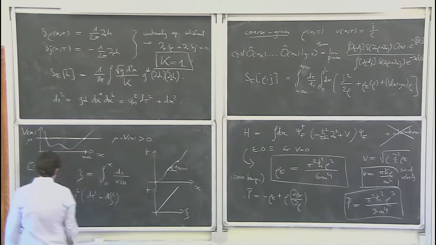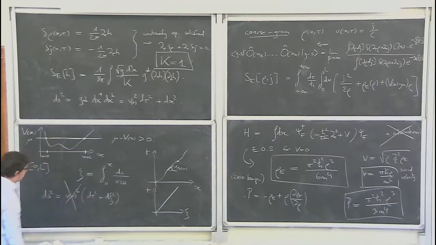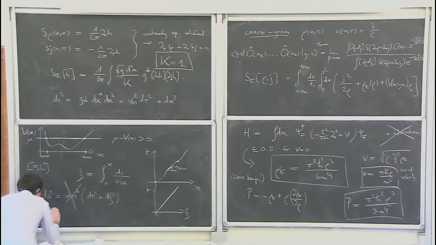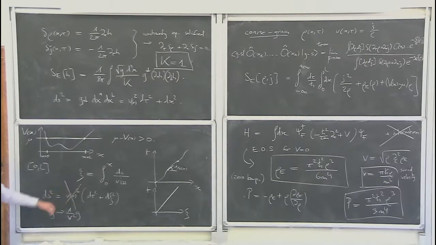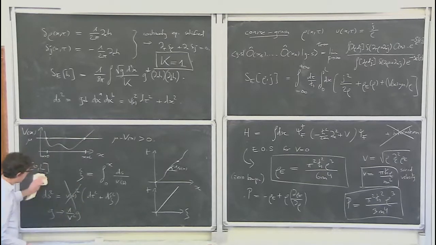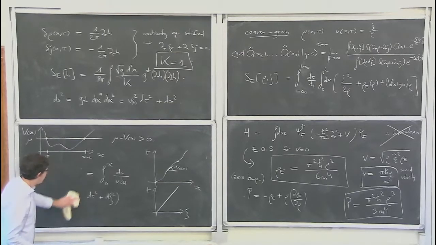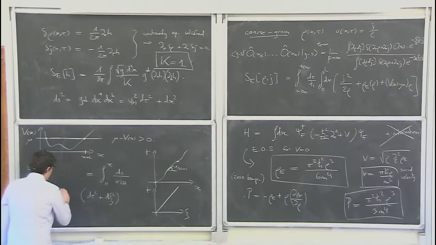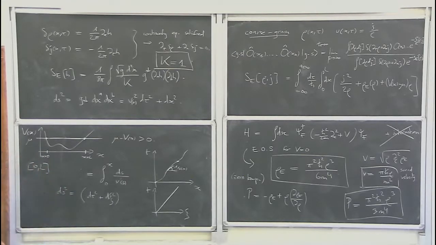So we rescale G by 1 over v squared to get rid of this, and the action doesn't change. In these coordinates, we are really back at the Gaussian free field as we saw it last week.